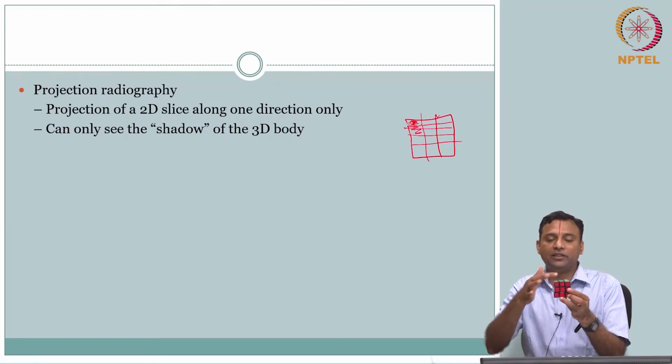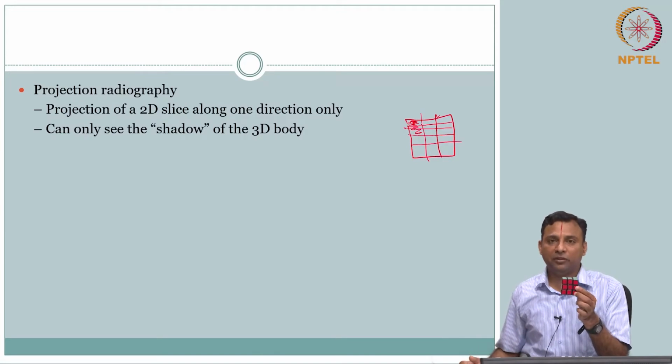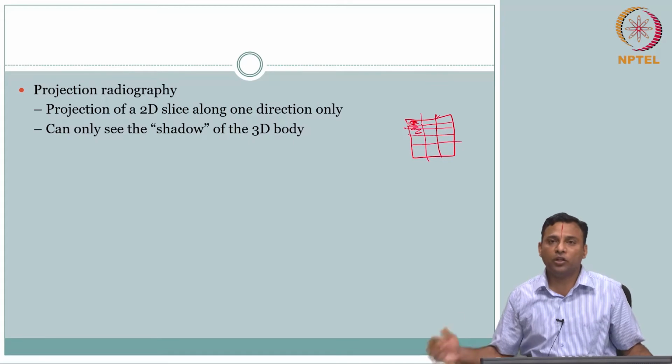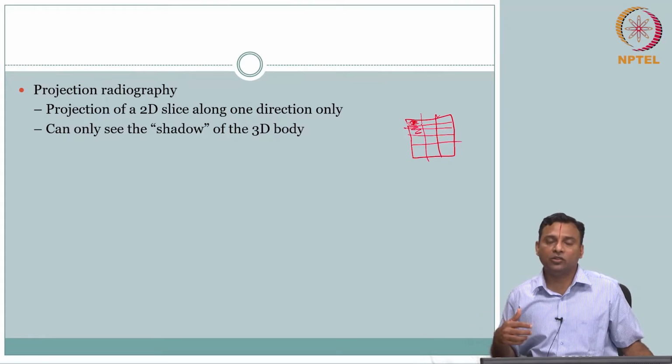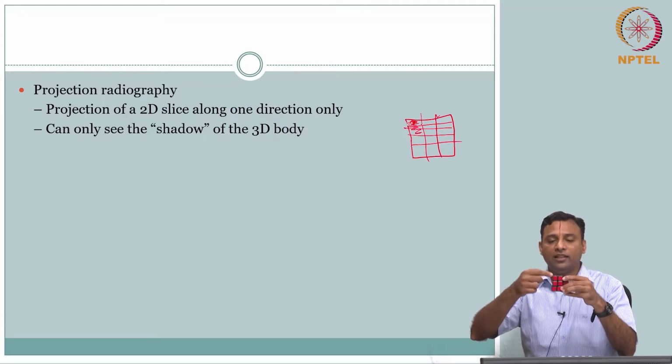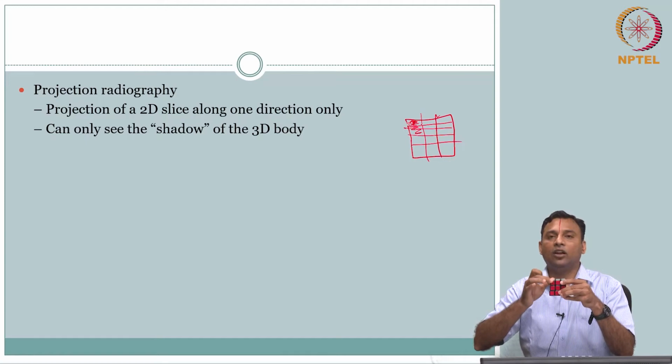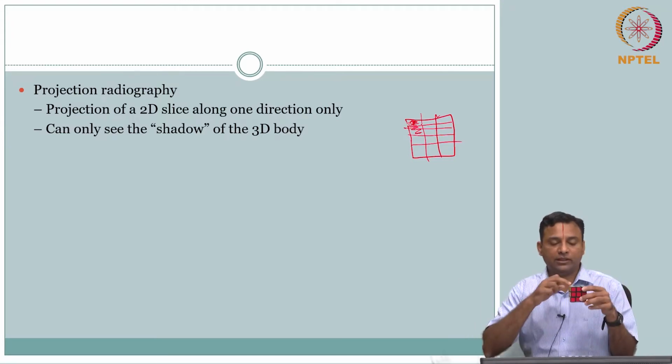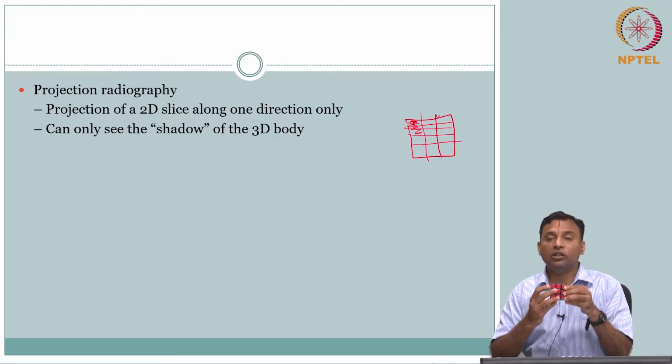So essentially you do not see that depth information, which was itself very powerful because you did not see anything before that. So now at least I can tell, when you send orange, I get red. So when it goes through this path, this is the loss. Where exactly that loss is distributed within that, we do not know. It was just a line integral, but that itself was good enough.